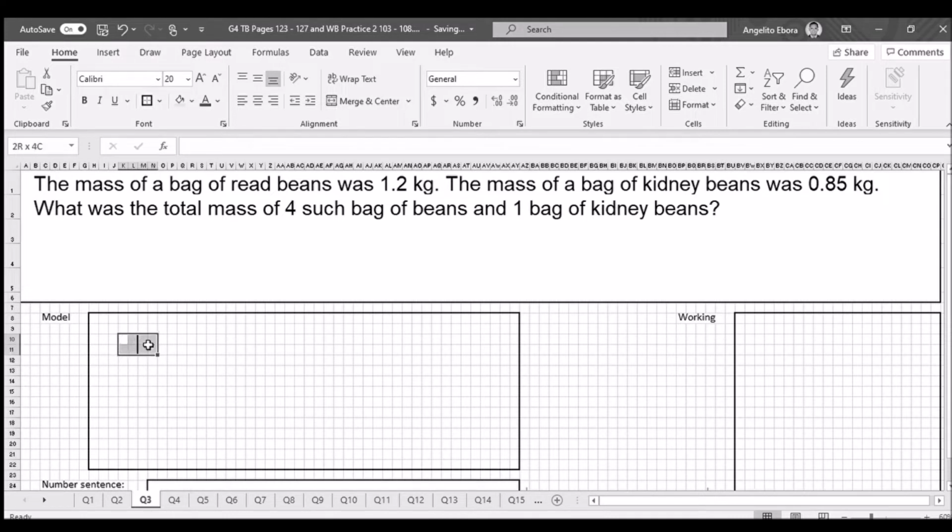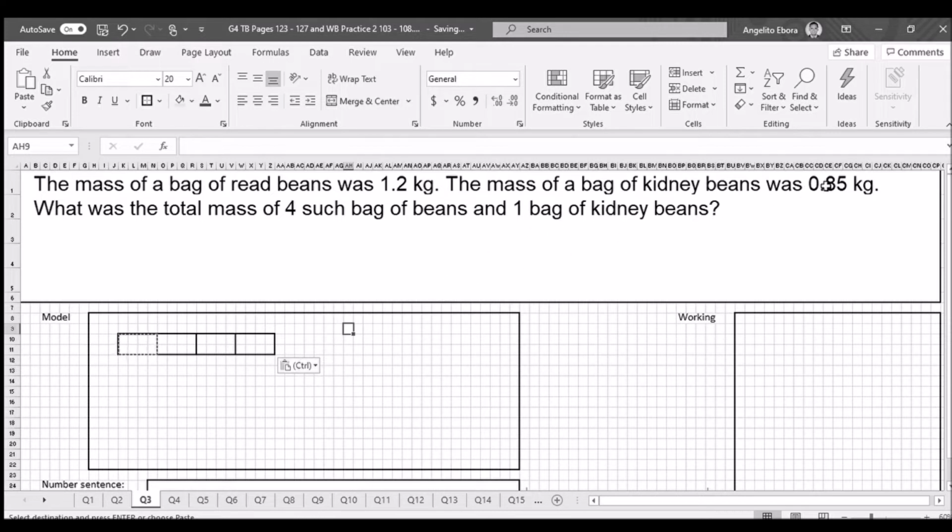I'll make it bigger. Okay? We need to draw 4 because it says 4 such bags. So 2, 3, 4. Okay.